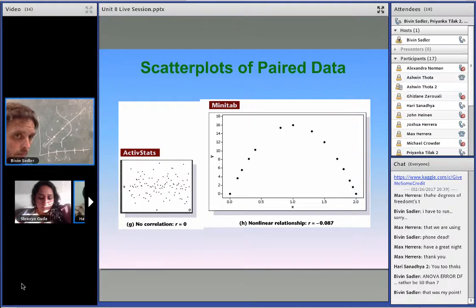Okay, so it's a great question. We're actually now getting into, this is awesome, this is like a sampler from Unit 8 to probably Unit 12. So yes, under the simple linear regression model, we're assuming these all come from the same population. That is the assumption here.